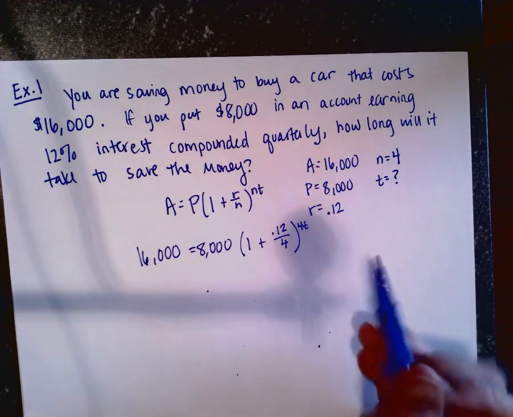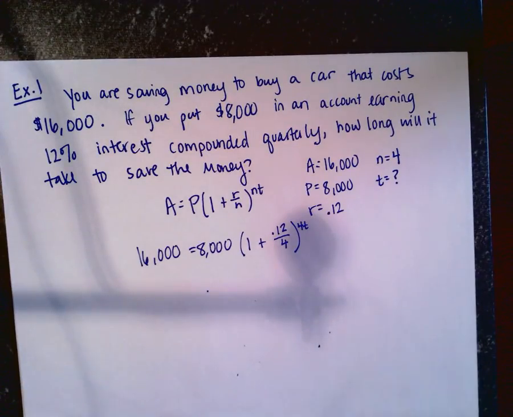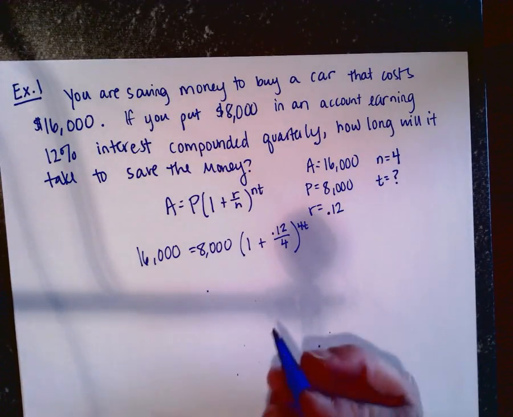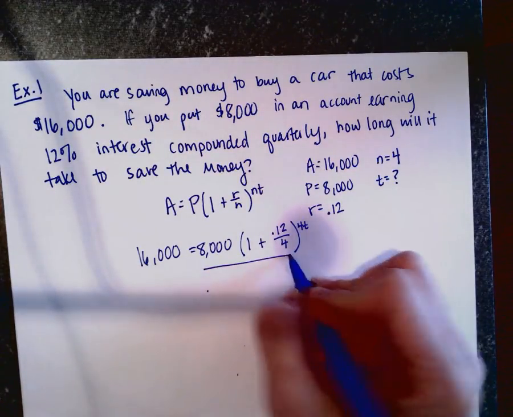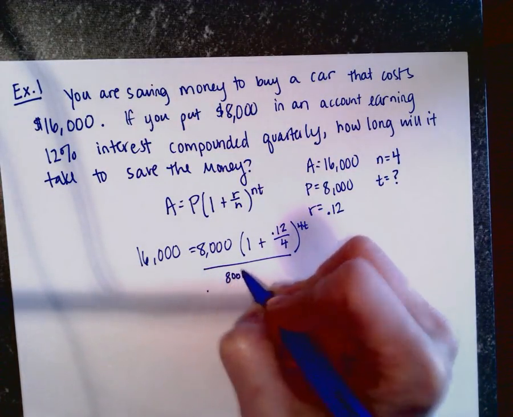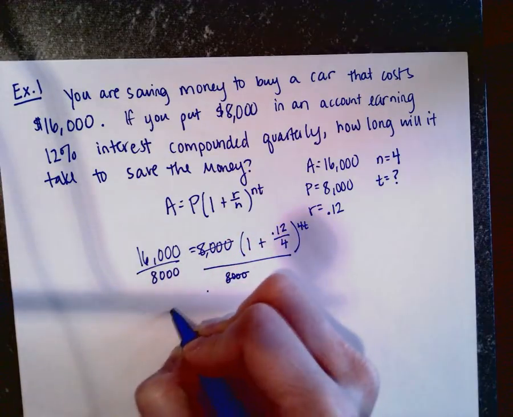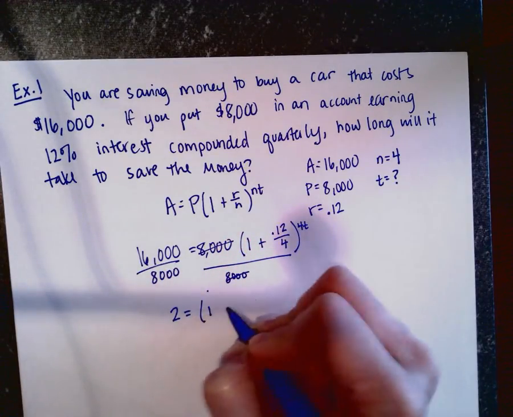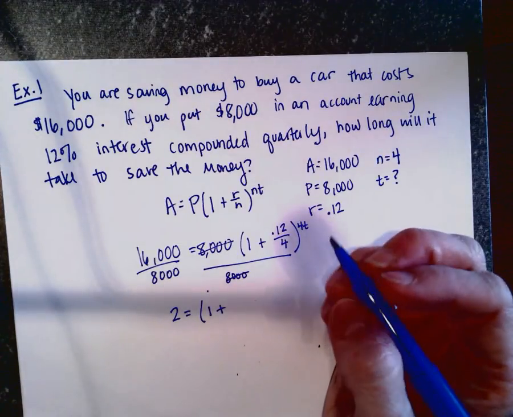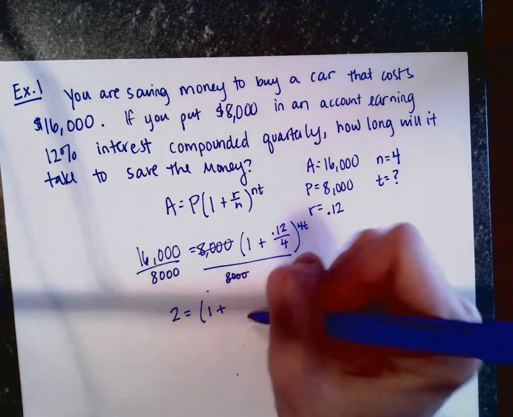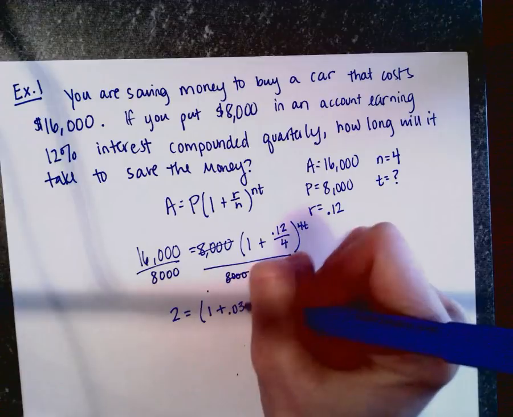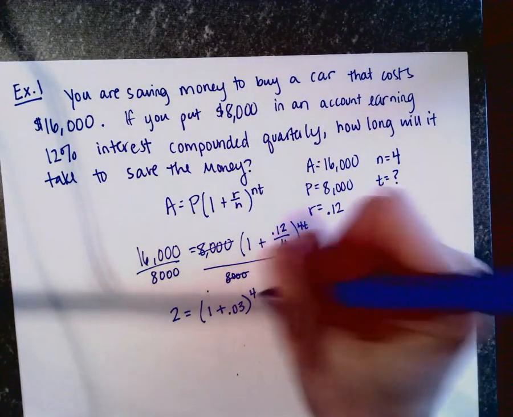So I need to get this t by itself. And these will all be calculator problems. So first thing I'm going to do is divide by 8,000. And I have 2 equals 1 plus 0.12 divided by 4, which would be 0.03. I'll just write that to make it a little bit more simple.